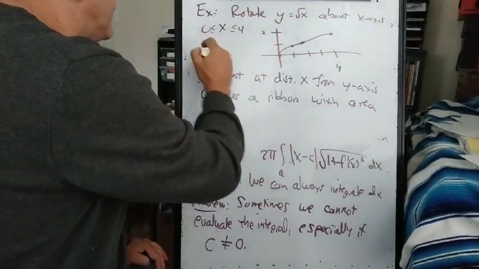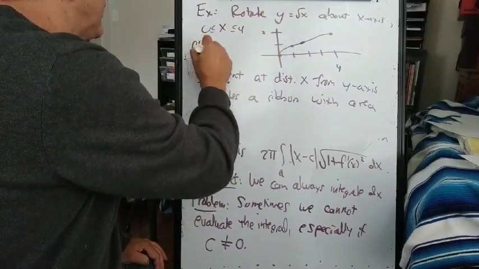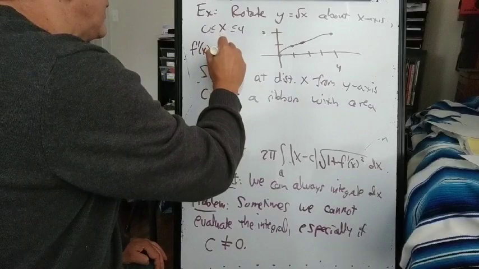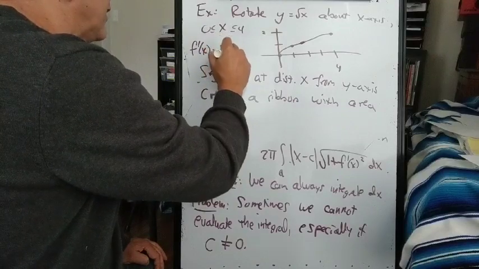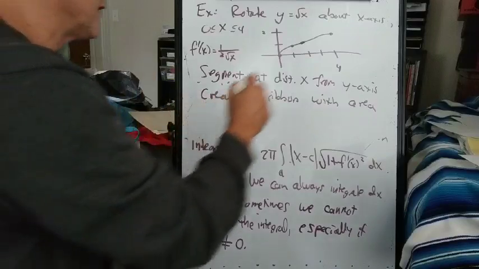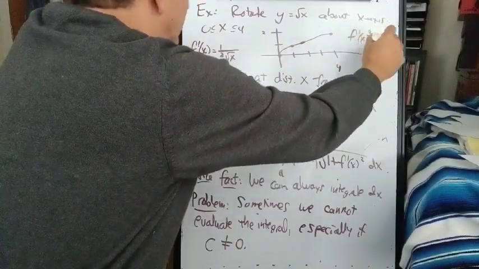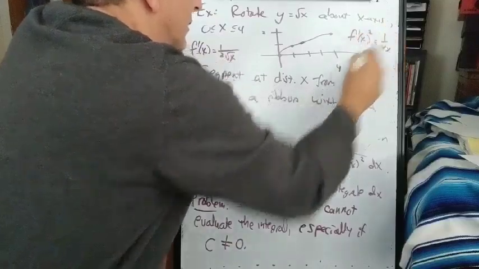So f of x is x to the 1/2. f prime of x is 1/2 x to the negative 1/2, so 1 over 2 square root of x. And f prime squared is 1 over 4x.